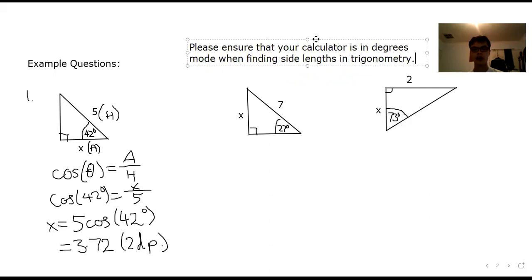All right, so that's very important to remember. So please ensure that your calculator is in degrees mode when you're solving those sorts of questions.